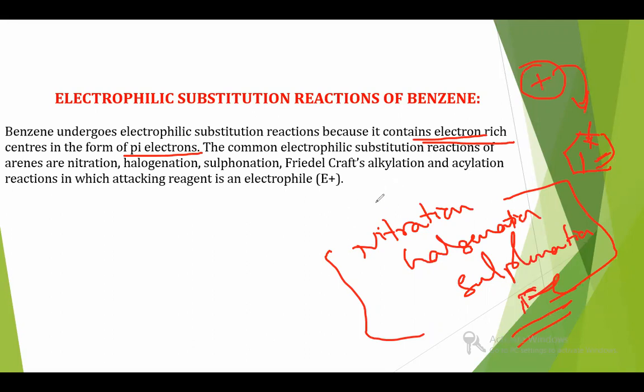So benzene undergoes electrophilic substitution because it is electron rich due to the pi electron system.